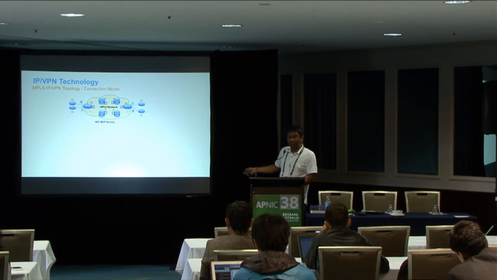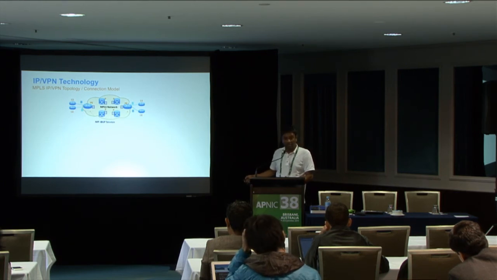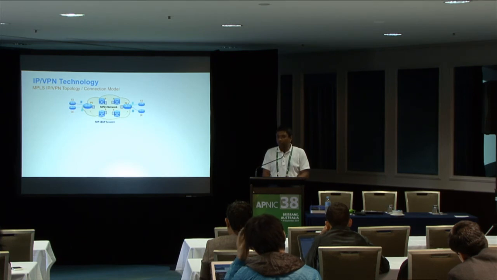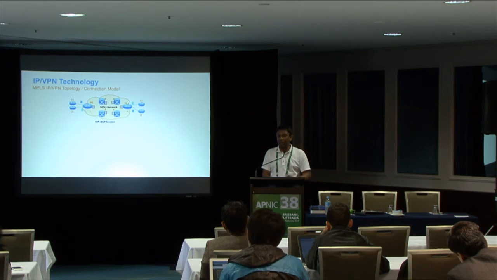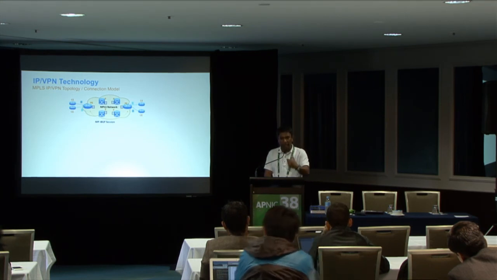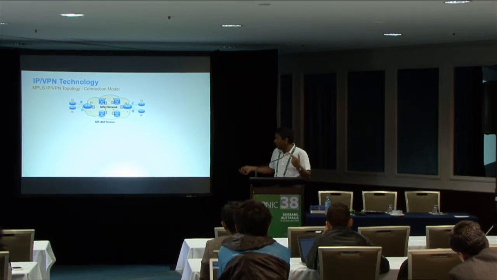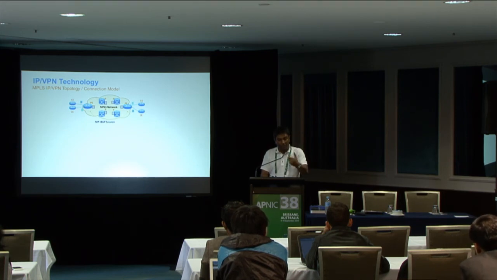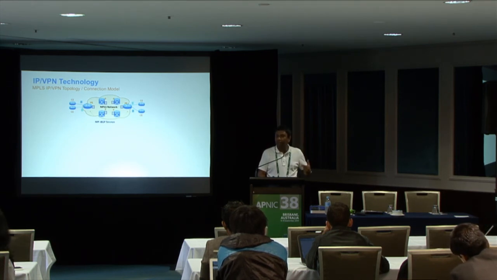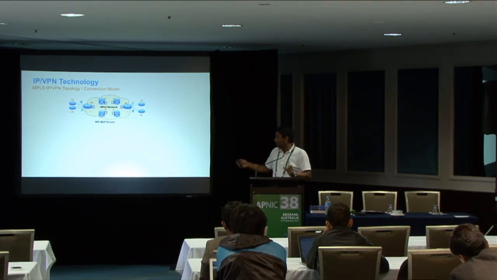When customer prefixes come into the P routers from the ingress PE routers, they add an RD, route distinguisher, on top of each customer prefix. On a single PE router, each customer prefix will have a separate RD. Say customer A's prefix is 10.0.0.0/8, adding route distinguisher XYZ.